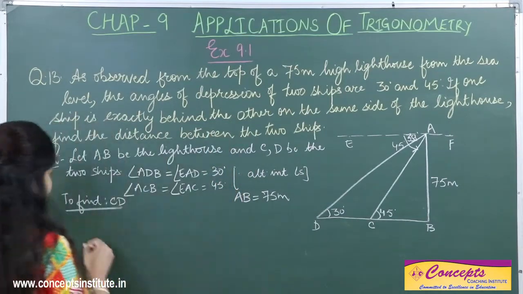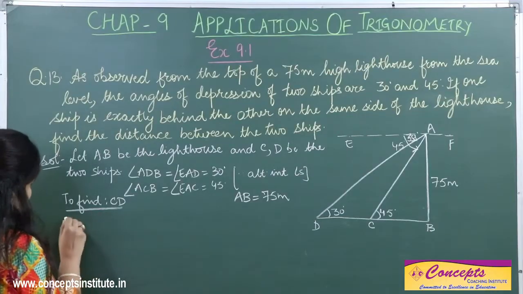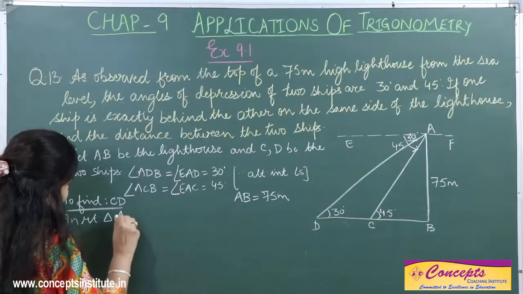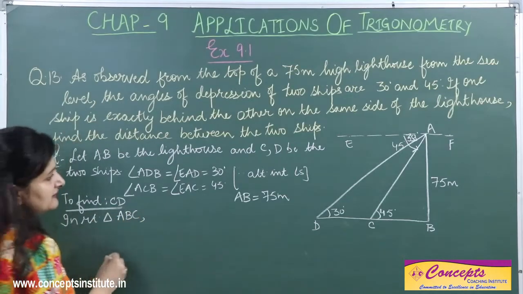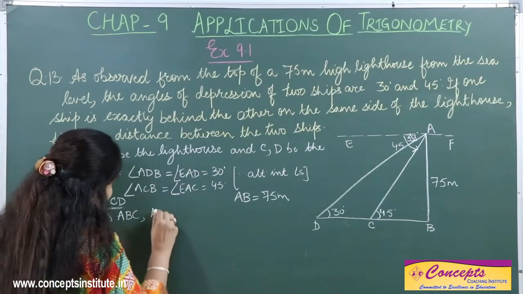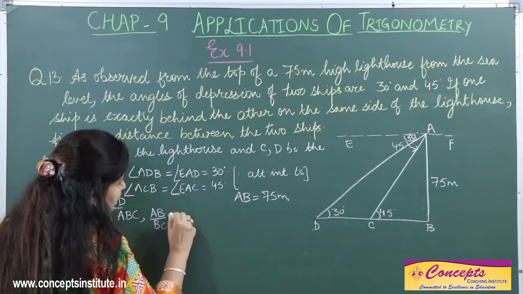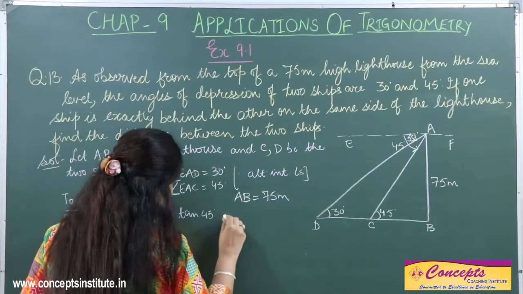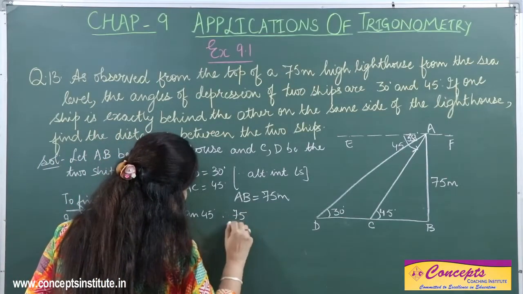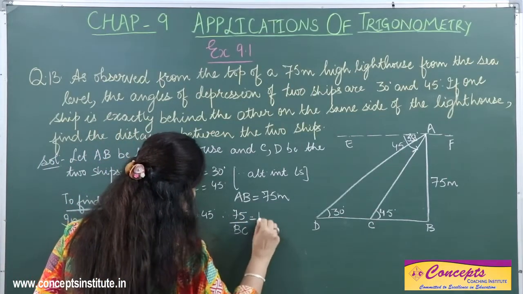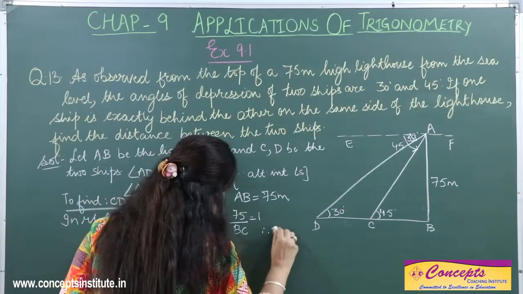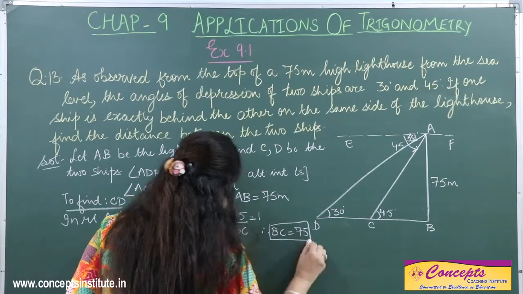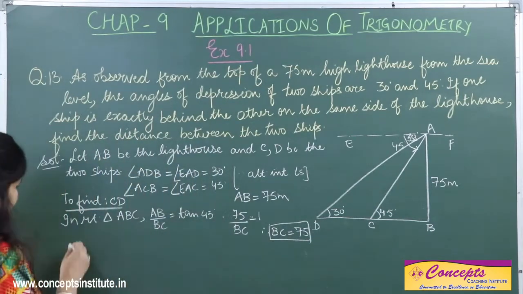So let's get started. In right triangle ABC, AB upon BC is equal to tan 45. Therefore AB is 75 upon BC, this is 1. So therefore we get that BC is equal to 75, right? So I have already got BC to be 75.